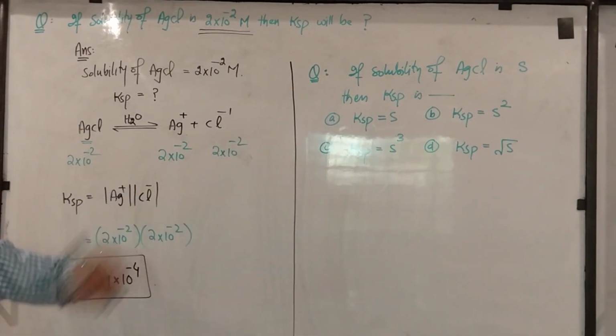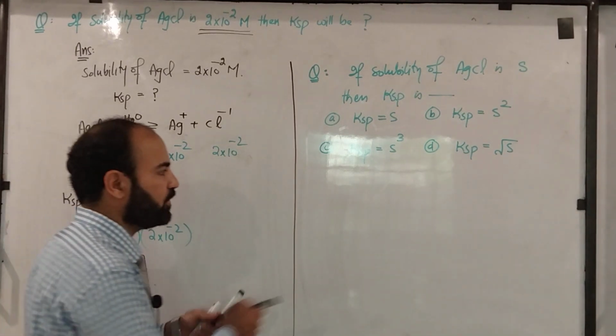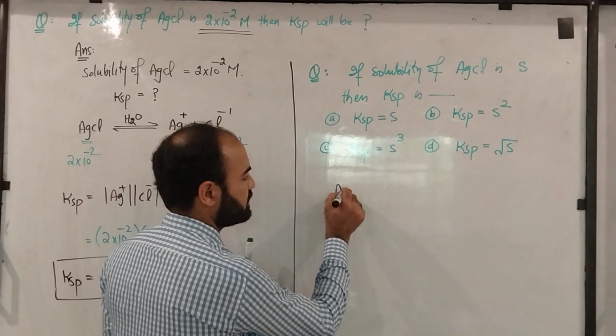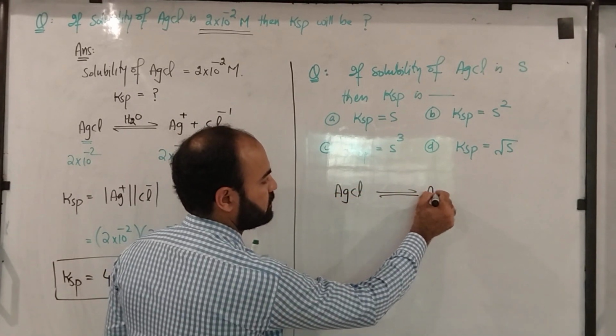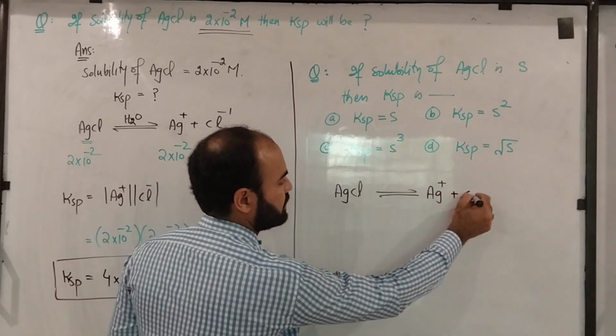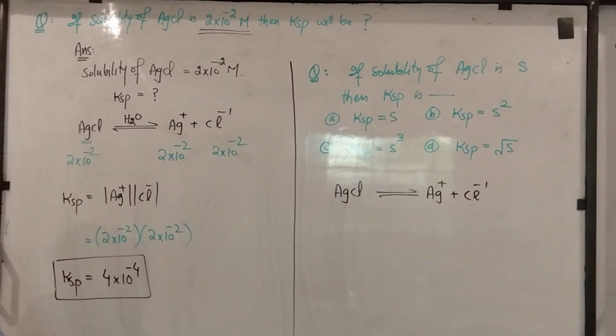So how do you find the correct option in that question? Okay, again you have to follow the method. आपने method को follow करना है. You have to write the silver chloride, write the silver ion concentration in it, and chloride ion concentration. ठीक है dear students.